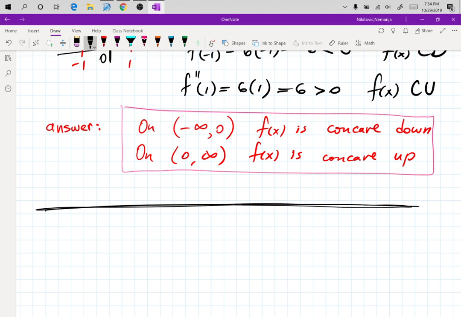Let's see if we can find something in the section for whether it's concavity or the second derivative test. And also, I'm seeing some problems where they say technology, capital T, the blue T. You need to make sure that you are using technology in that problem because it's not going to be pretty.